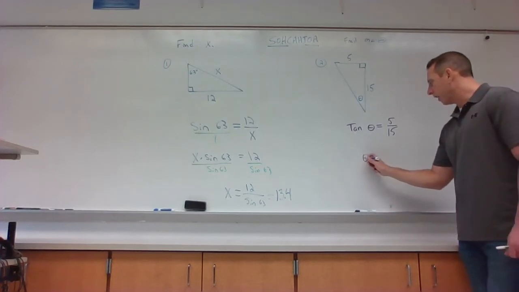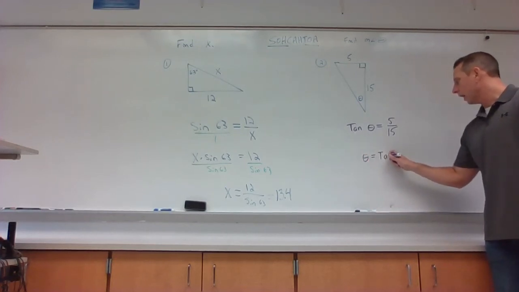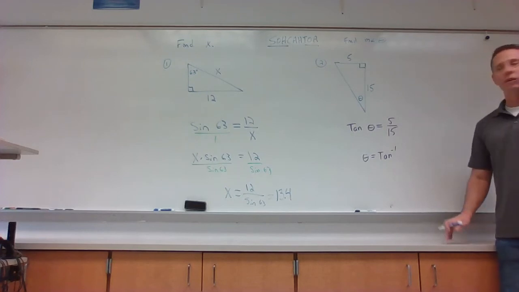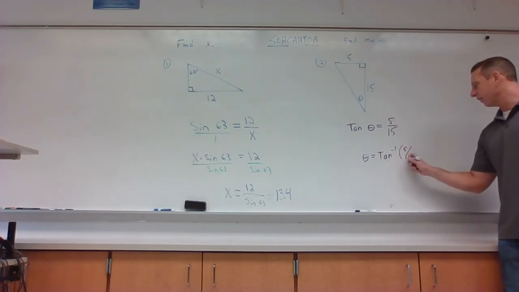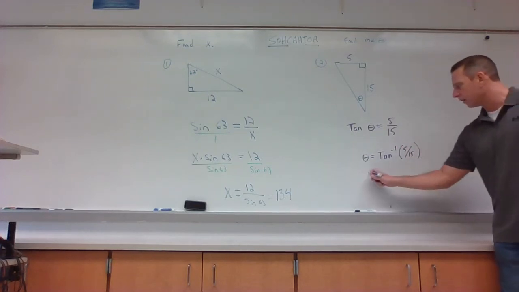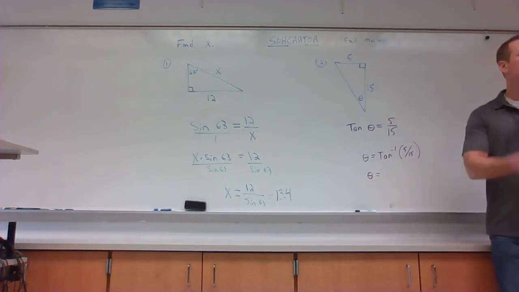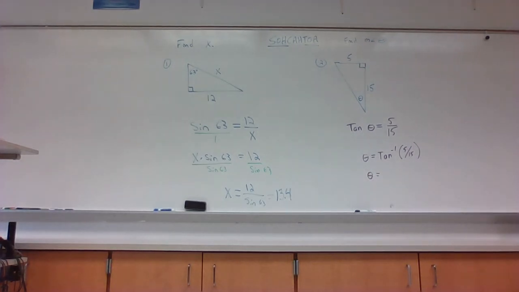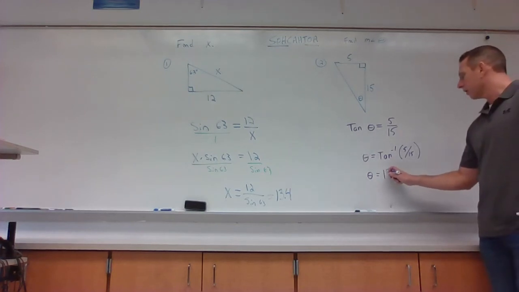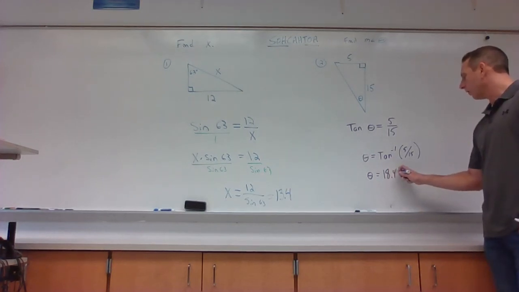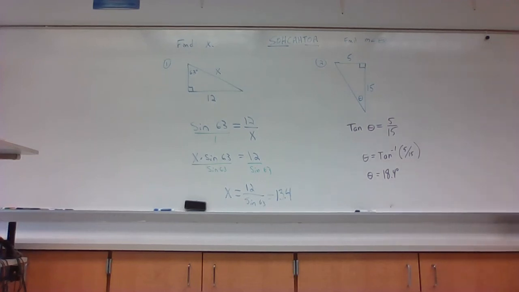Theta is our angle. Now this is what we're punching in our calculator: inverse tangent, 5 divided by 15. Theta equals approximately 18.4 degrees. We good?